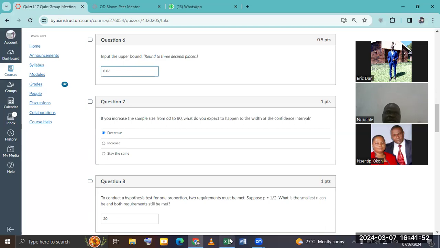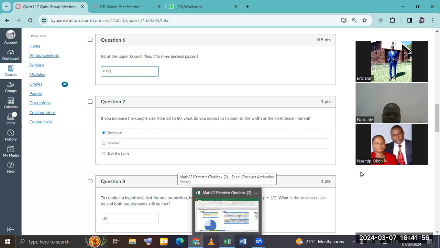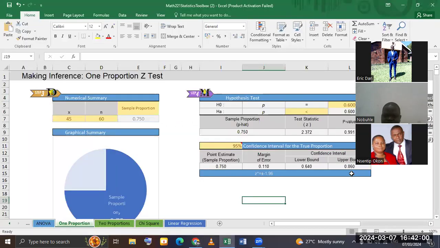No, sorry, I said 0.86. It is right here. You see right here. So this is the lower, it's 640. Then the upper is 860. You see them, right? Oh yes, 0.86. Okay.